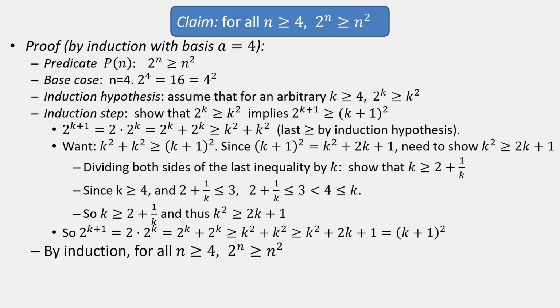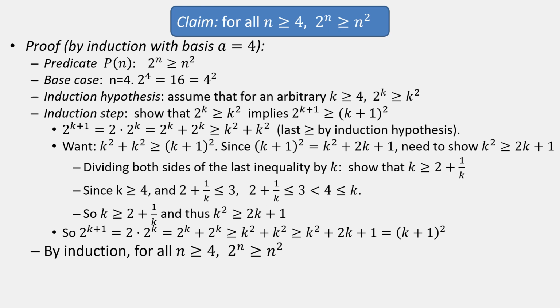Now, with this, all that remains is to write out the whole thing. Well, we're pretty much done with the proof by now. So the last line is a recap of what we've done before. 2 to the k plus 1 is 2 to the k plus 2 to the k. By the induction hypothesis, this is greater than or equal to k squared plus k squared.